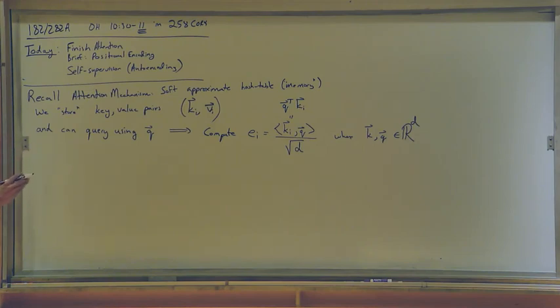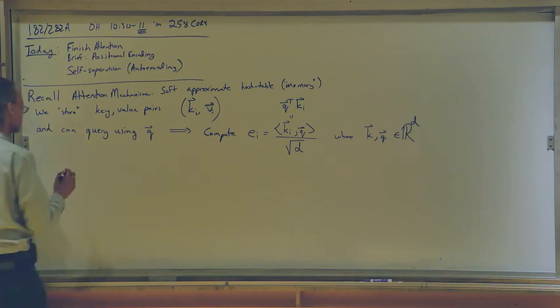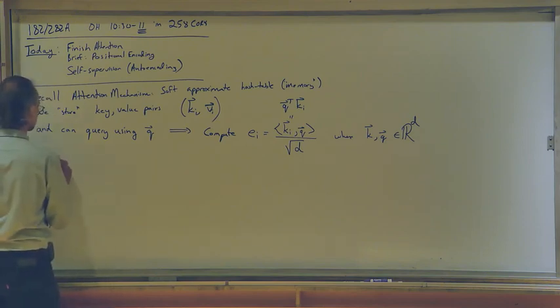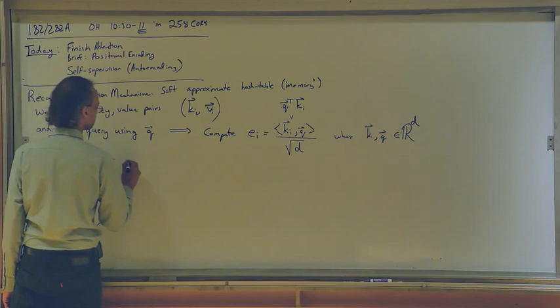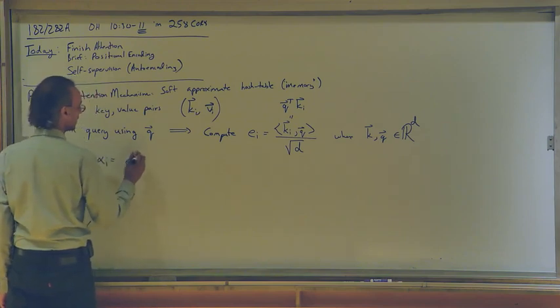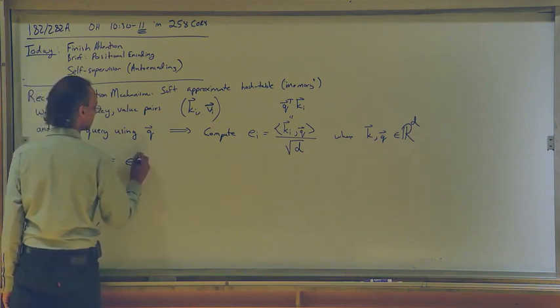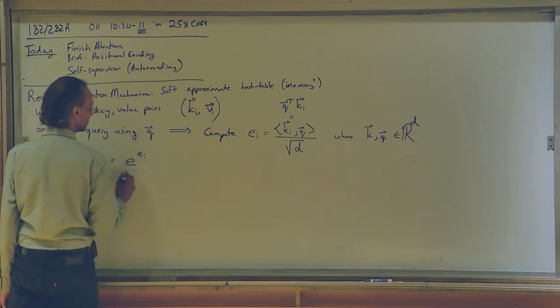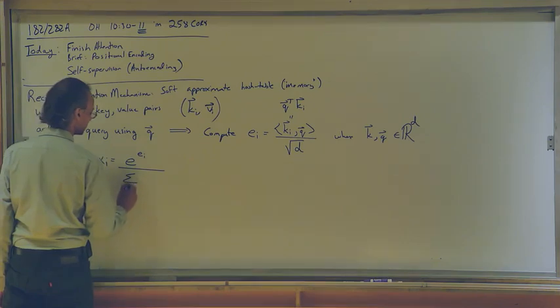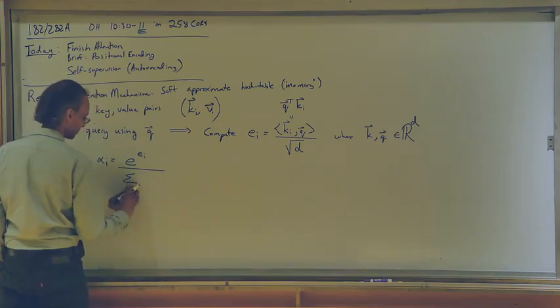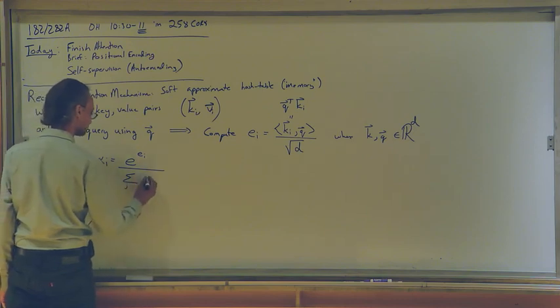Then we compute weights using a softmax. A weight alpha i equals e to the Ei divided by a sum, j equals whatever, ranging over everything we can range over.